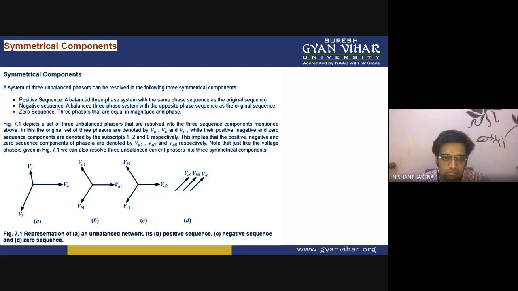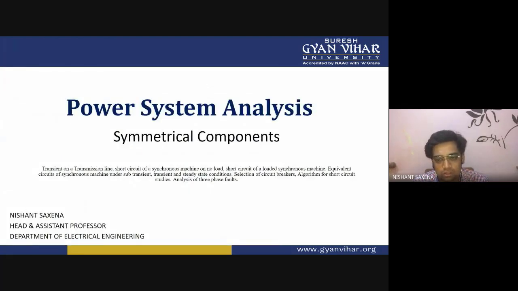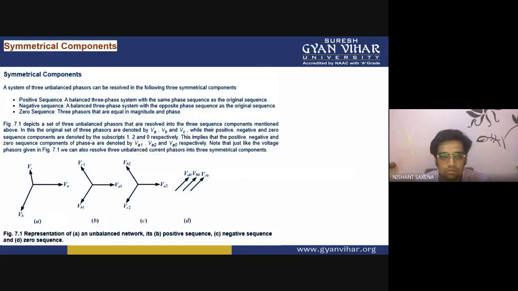Apart from this, we will also discuss the various methods to identify the symmetrical components, what the alpha operator is, and how it is used to determine the positive, negative, and zero sequence components. Now, let's discuss them one by one.